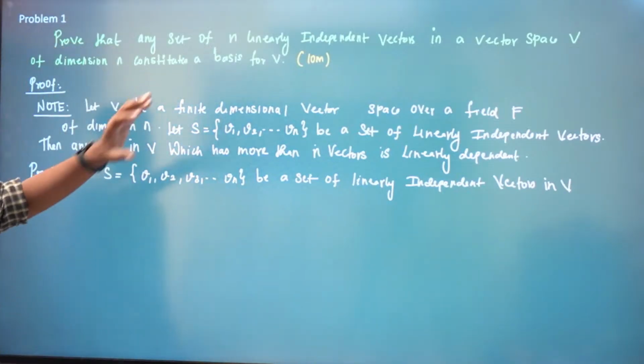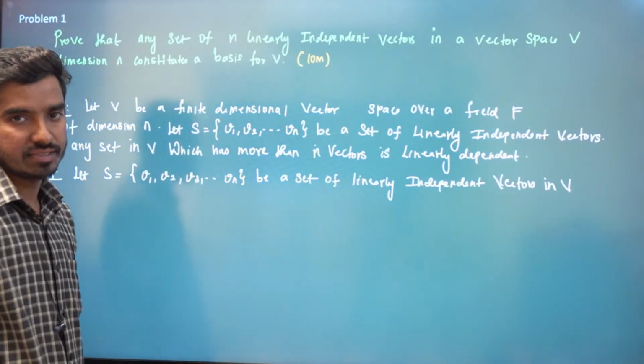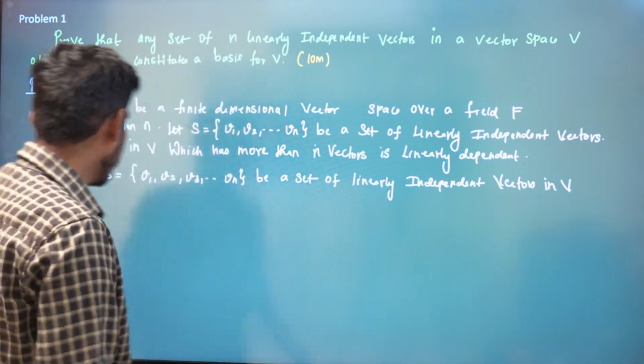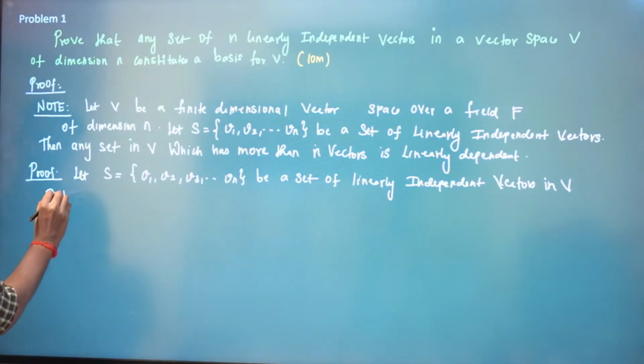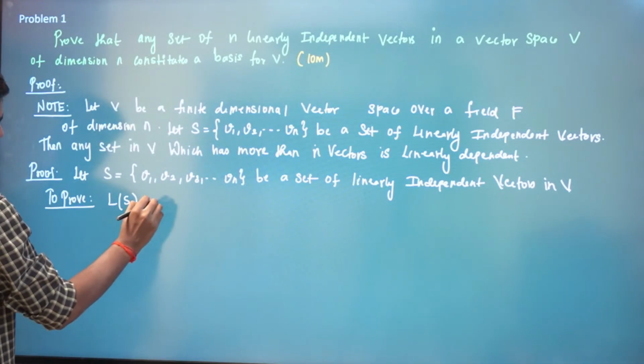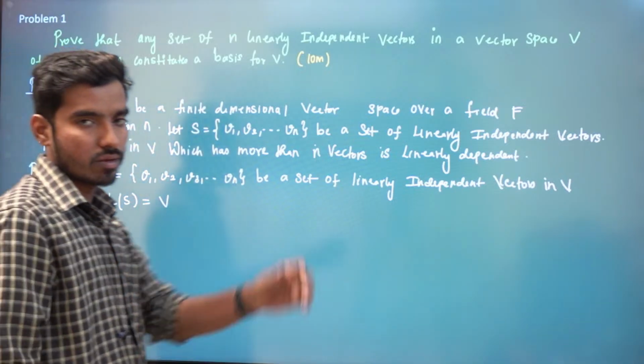So we have a set S. Now we need to prove this set is a basis. Already this set is linearly independent. Now it is enough to prove the linear span of S is V, right?